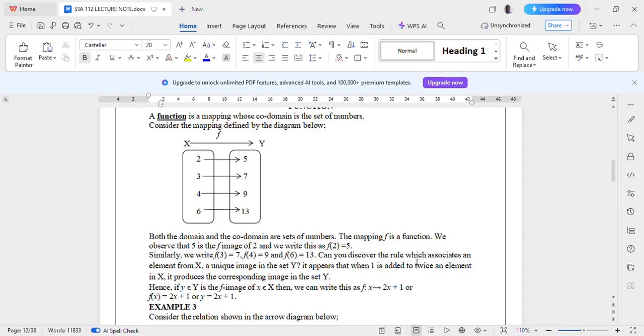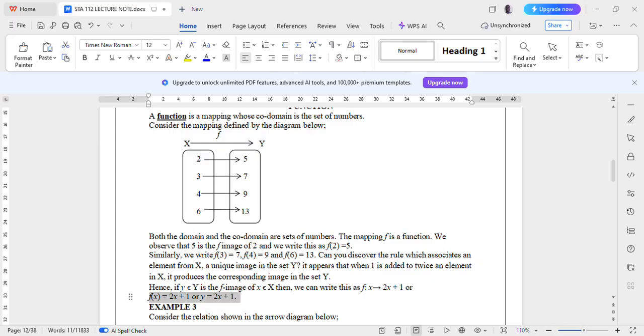So both domain and codomain are sets of numbers, and the mapping is a function. We can discover the rule which associates an element in X to an element in Y: when 1 is added to twice an element in X, it produces the corresponding image. So the function is 2x plus 1. So f of x, or y, is equal to 2x plus 1.